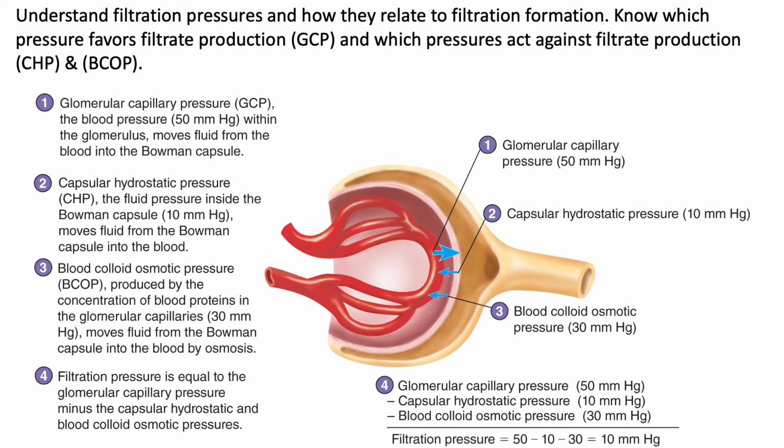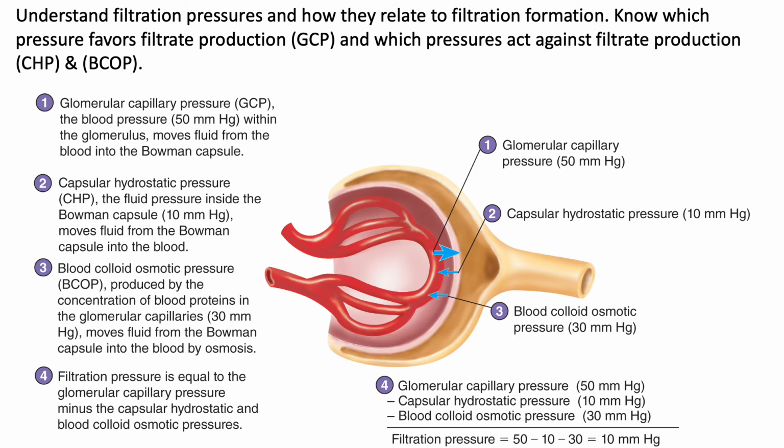That is the pressure generated by our heart when it contracts and pushes blood through our vessels. By the time you are at a very small vessel in the glomerulus, that blood pressure is about 50 millimeters of mercury, and that pushes in the direction towards formation of filtrate. That pushes fluid out of the capillaries of the glomerulus and into the Bowman's capsule.